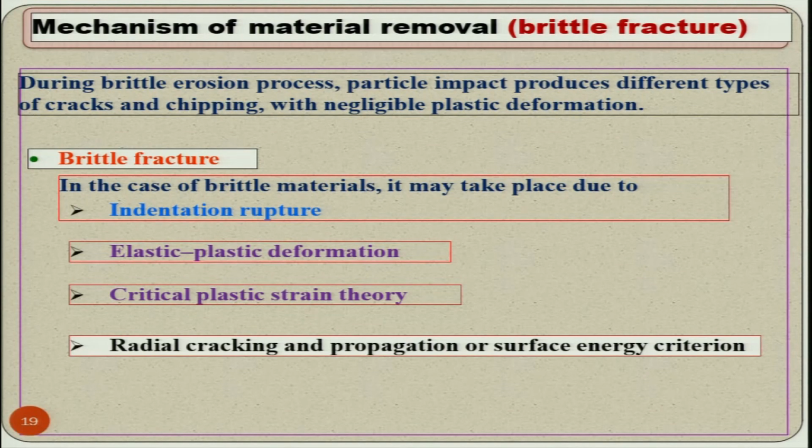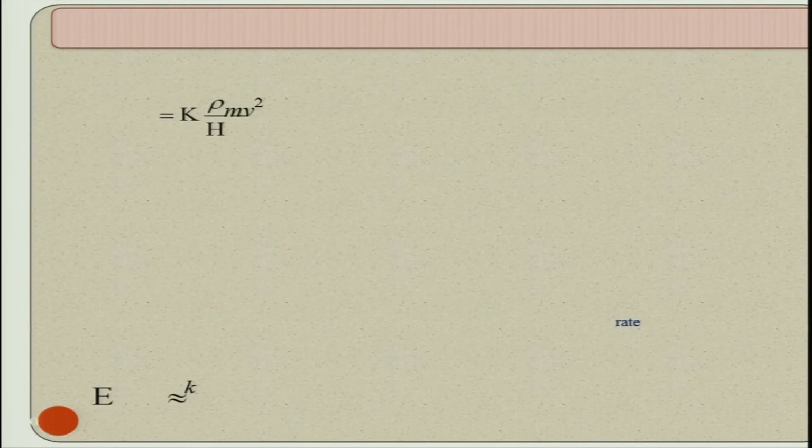In elastic deformation, whatever deformation is taking place is recovered once the force is removed, but in plastic deformation, when the force is removed, the deformation persists. The critical plastic strain theory has been applied for analyzing the mechanism of material removal. Radial cracking and propagation, or surface energy criteria, can be seen there.